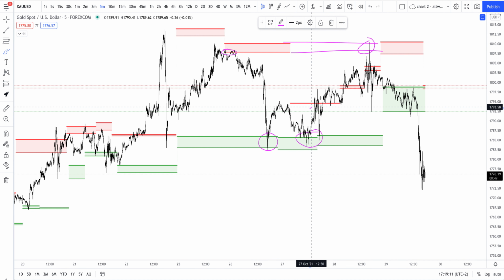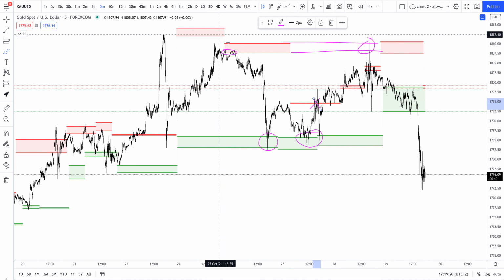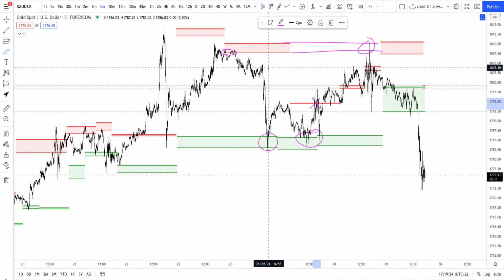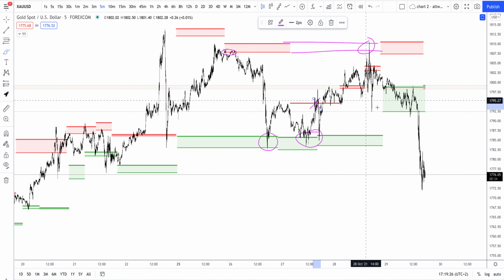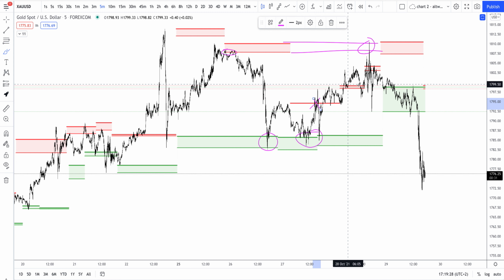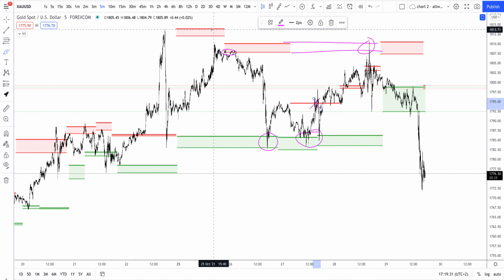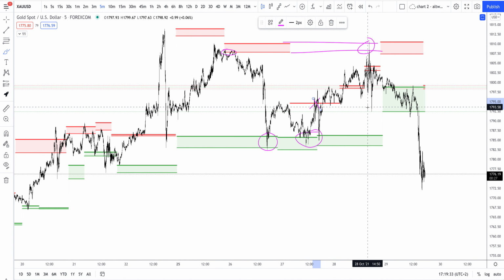It's obvious that this one is weaker, because it's the fresh one, but you have two other areas of supply before this.